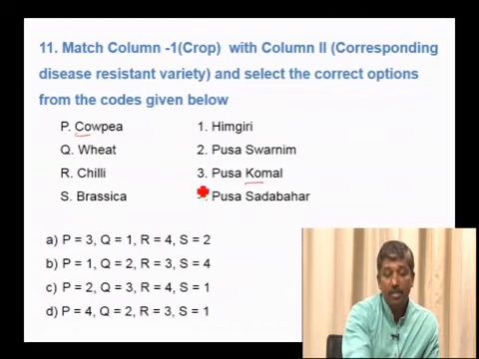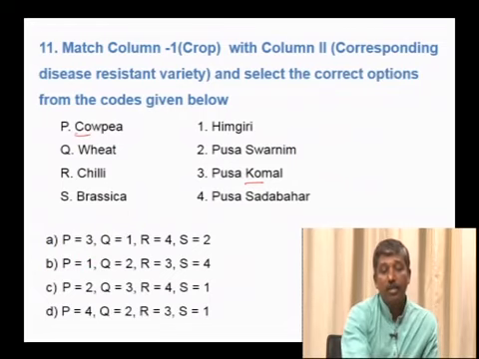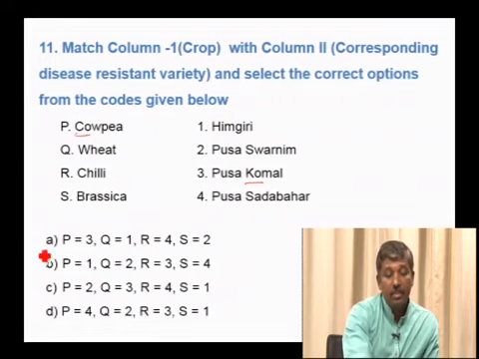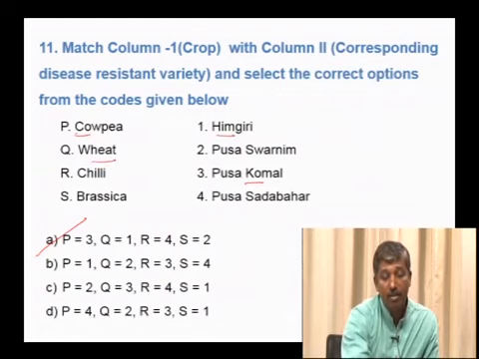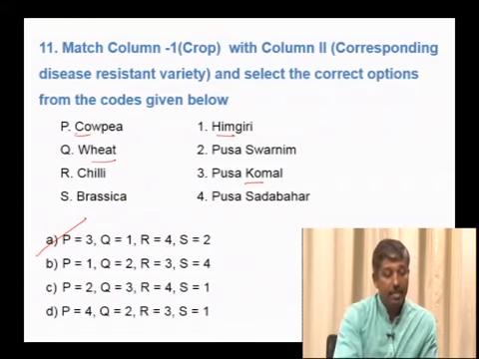So P matches with the third option, Pusa Komal, which is the clue to getting the right answer. For wheat, remember hima means cold. Wheat, Himagiri; chilli, Pusa Sadabahar; brassica, Pusa Swarnim. Hence, the right option is A.